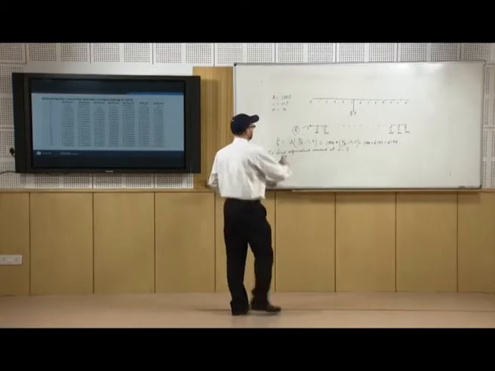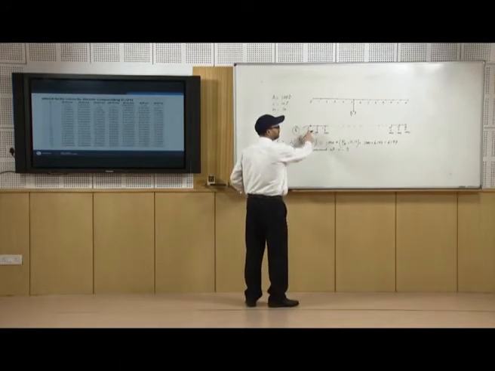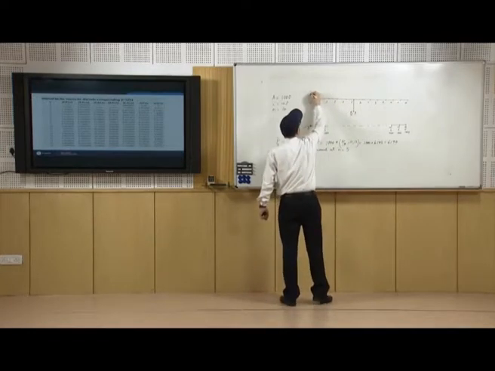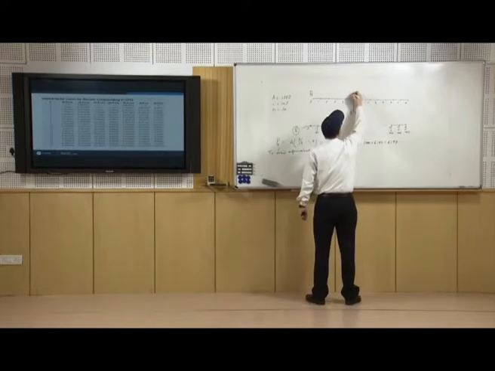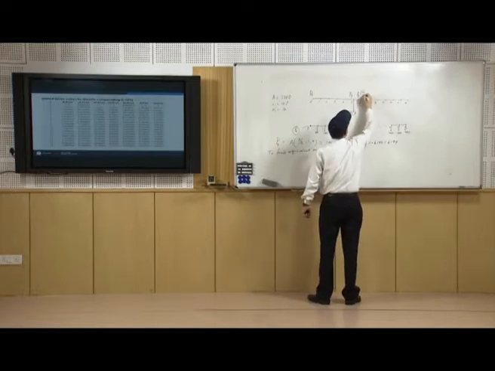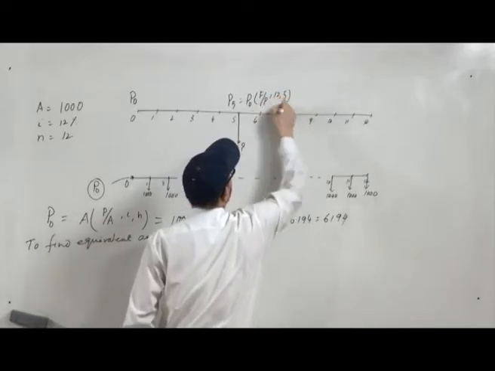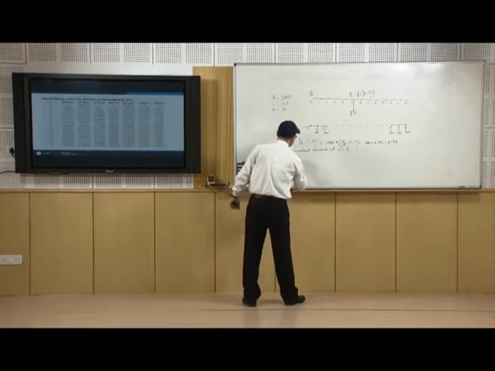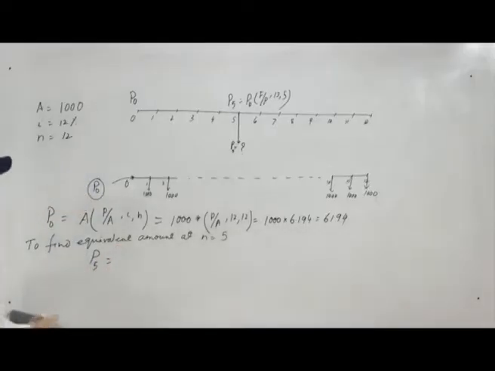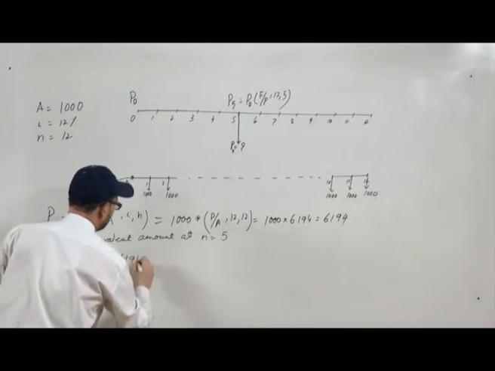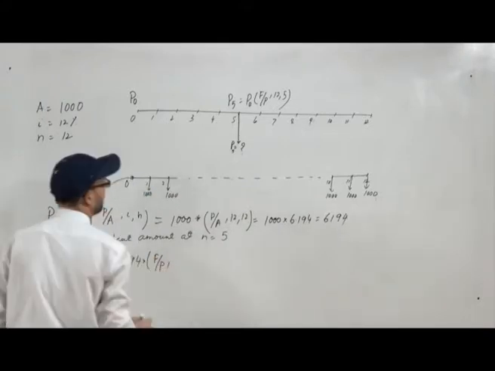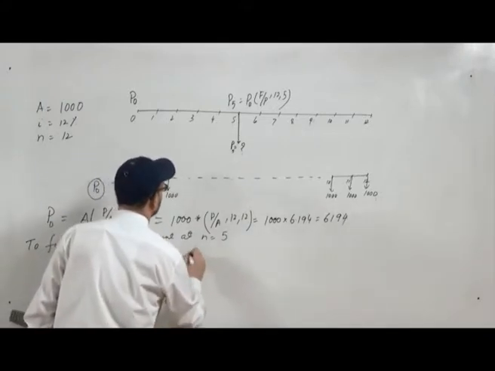So, this amount should be multiplied with F by P 12 5. P5 will be equal to P0 times F by P 12 5. So, P5 comes out to be 6194 times F by P 12 5.